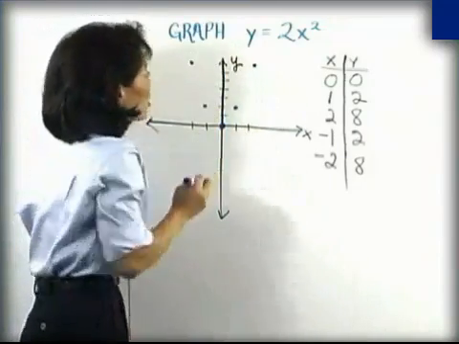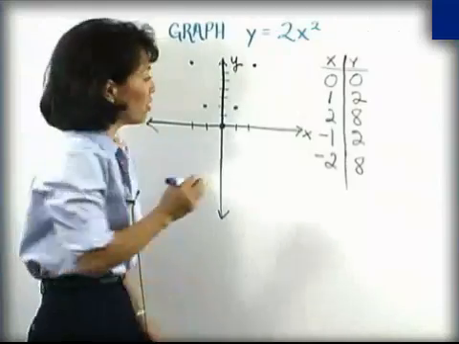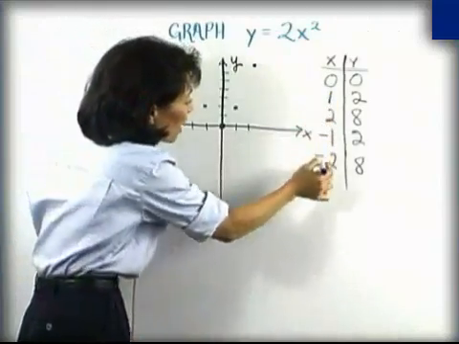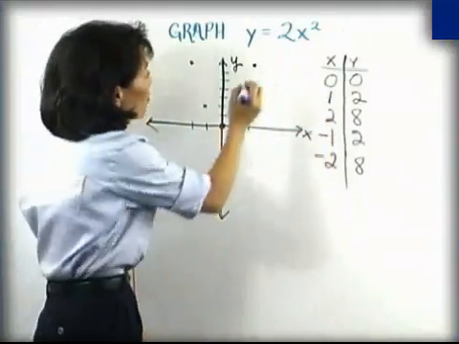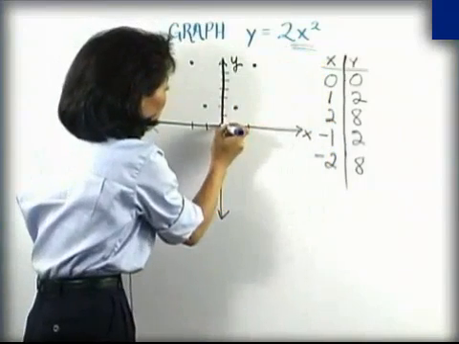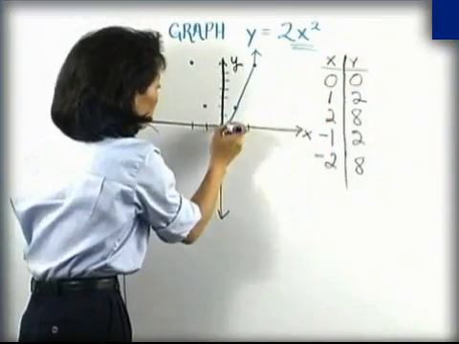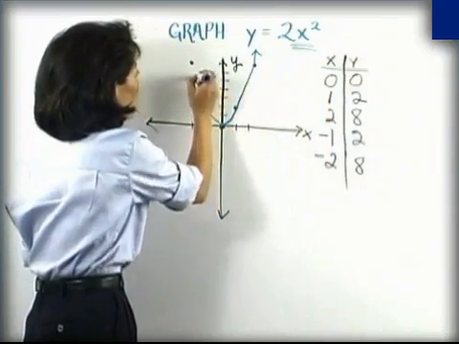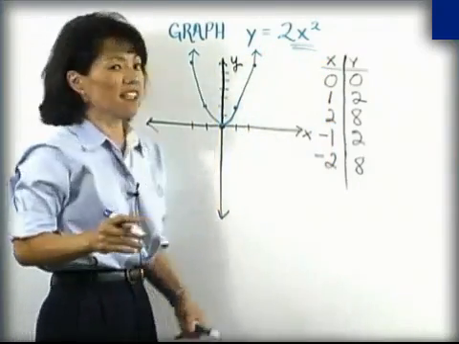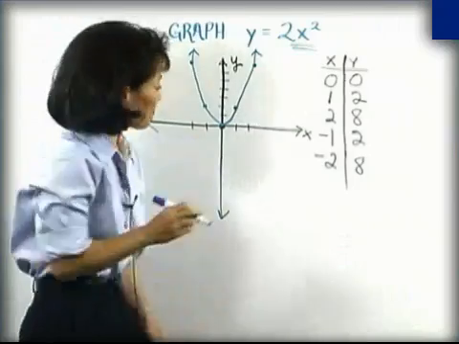Now, this gives us a general feel for what our graph's going to look like. We could, if we want to, calculate many more points, but whenever we're graphing these quadratics, we know it's going to take the shape of a parabola, which looks roughly like that. It's kind of a U shape, if you would.